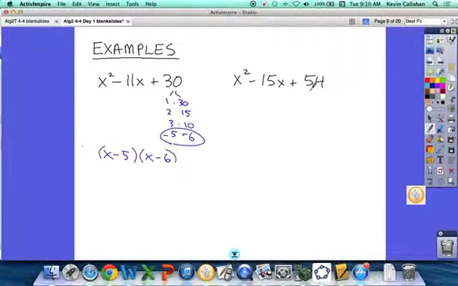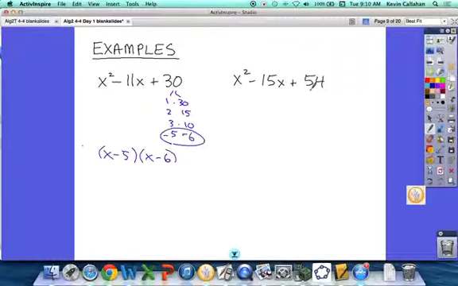The factors of 54 that add up to negative 15. We'll just think of the factors of 54. If you've got a multiplication table, where do you find the 54? 54 is 9 times 6.